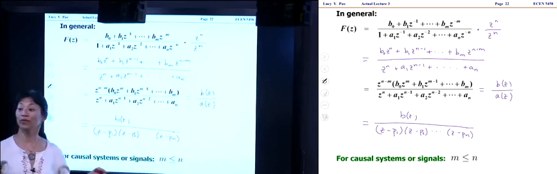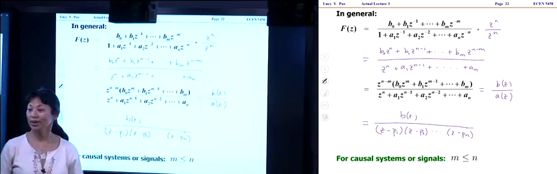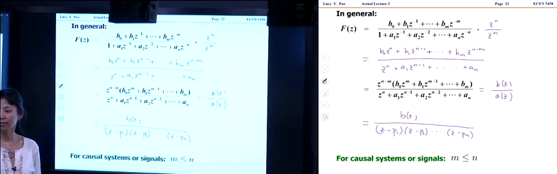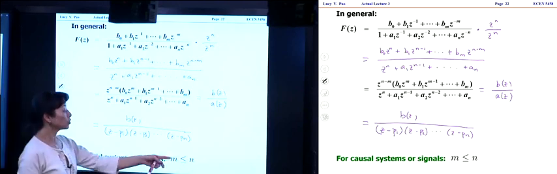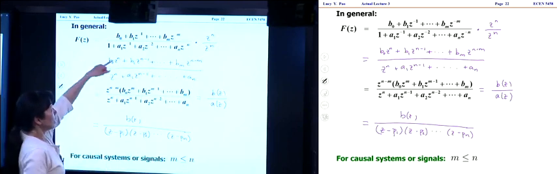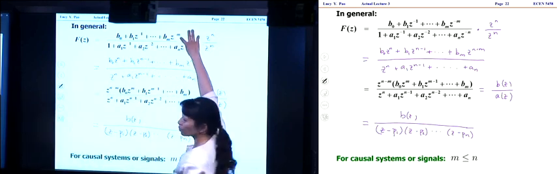But you're correct that if you have non-causal, if m is greater than n, that would also be the case, all right? But for causal systems, only when m and n are equal, right?